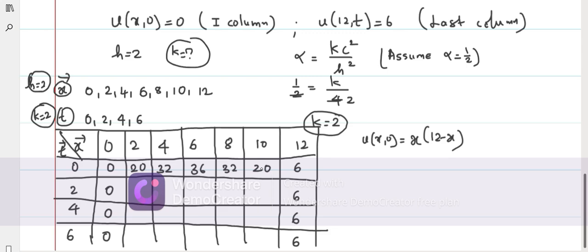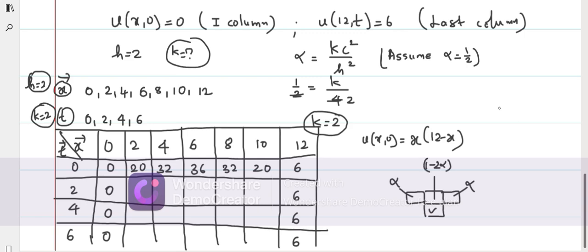Now I need to find the remaining values. It all depends upon alpha. What is alpha? Alpha is 1 by 2, right? We have a formula in the heat equation. In order to calculate this value, we need to consider the neighboring boxes, neighboring values. You have to multiply this value with alpha, this value with alpha, and this value with 1 minus 2 alpha.